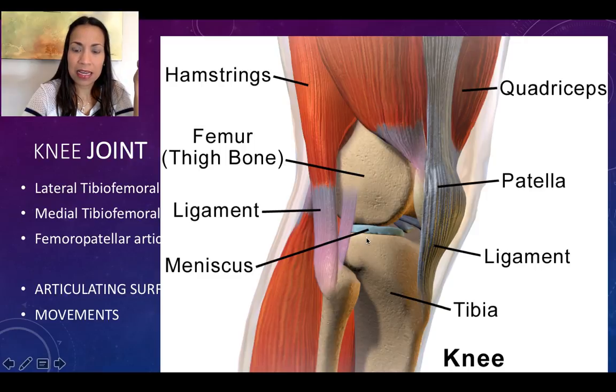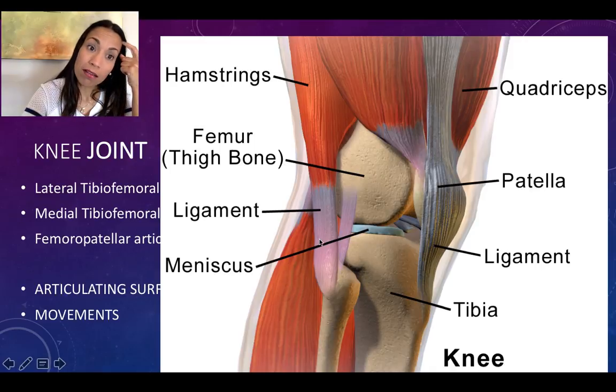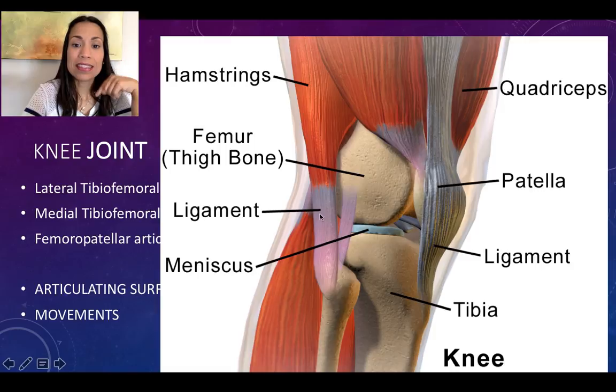This is the lateral and medial meniscus. Lateral meniscus. Okay, is this a ligament? This is a tendon of this muscle, which is part of the hamstrings, which should be the biceps femoris. And this is the lateral condyle of the femur.